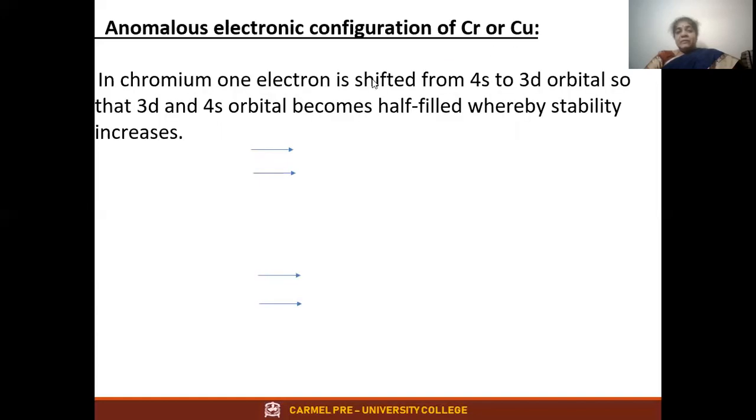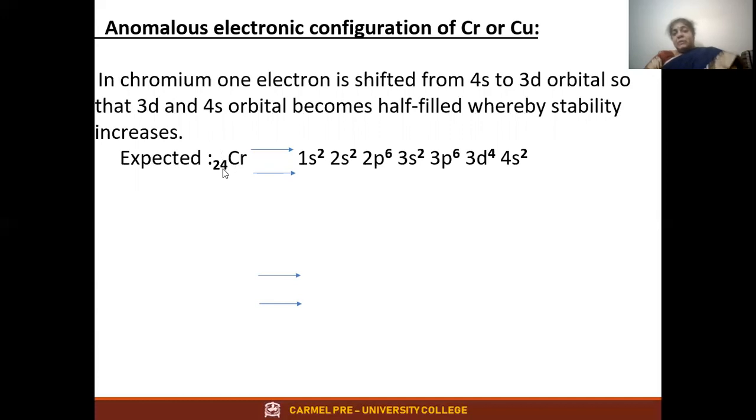Let us see the special configuration. In chromium, one electron is shifted from 4s to 3d, so that the 3d and 4s orbitals become half filled, whereby stability increases. See the expected configuration. Chromium's atomic number is 24.